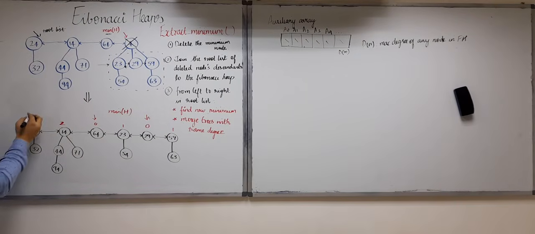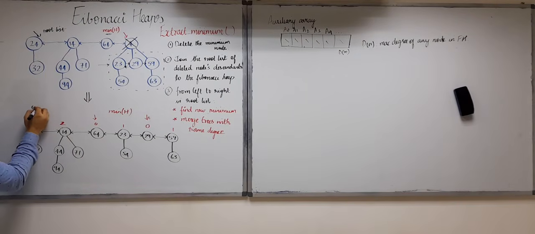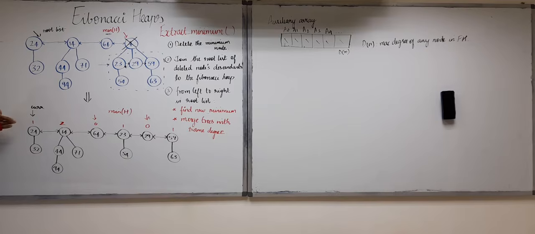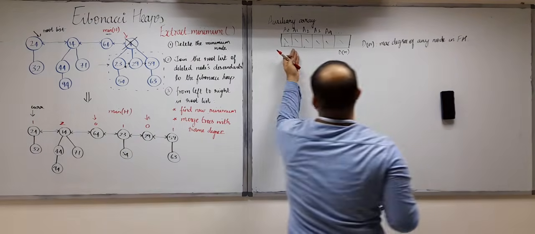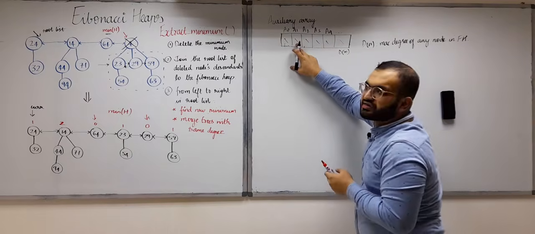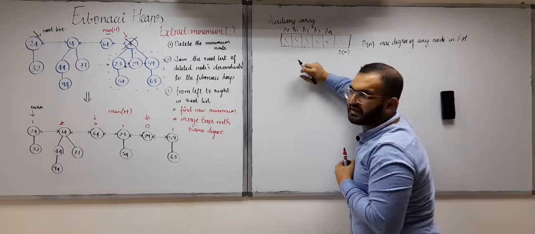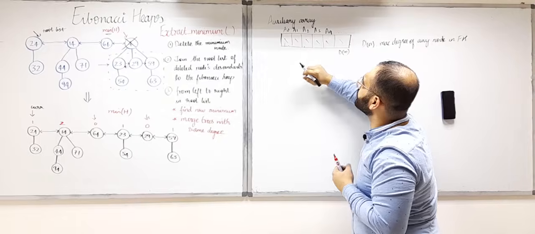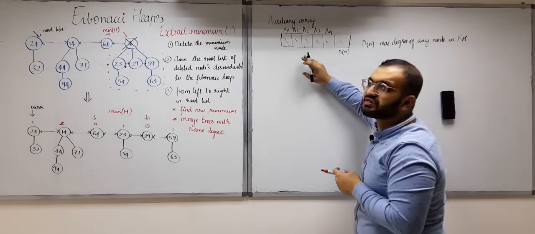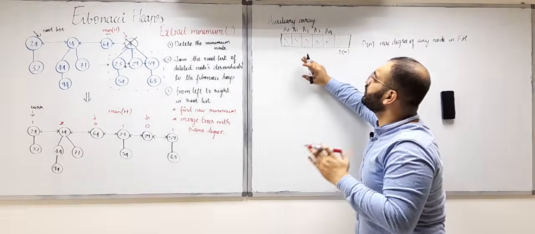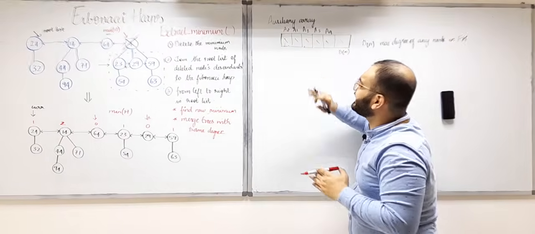We will start a current pointer from this place, from the left side. And we found a root with degree 1. So when we find a node with degree 1, then we will go to A1, okay. We go to this index and we see that it is null. So originally the value stored in A1 is null. That means until now, no nodes were encountered that had degree 1.